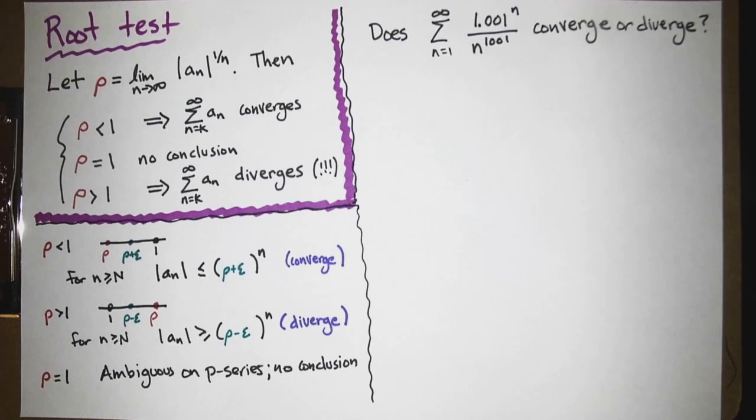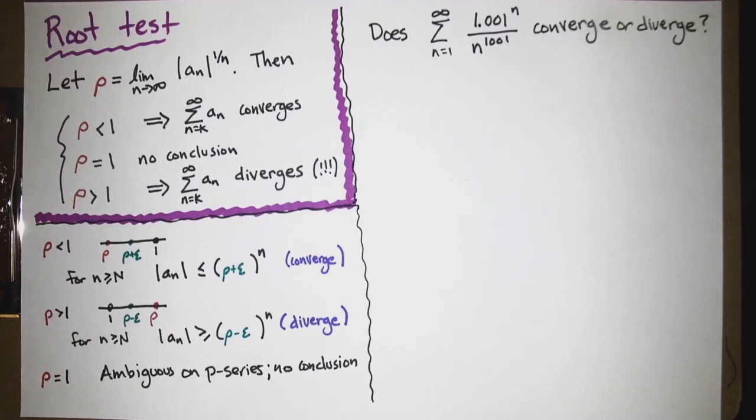So let's jump in and do a problem. Does the sum from 1 to infinity of 1.001 to the nth power divided by n to the 1001th power converge or diverge? Now, to give you a sense, when you plug in n equals 1, what's the number that comes out? This one you can do in your head.